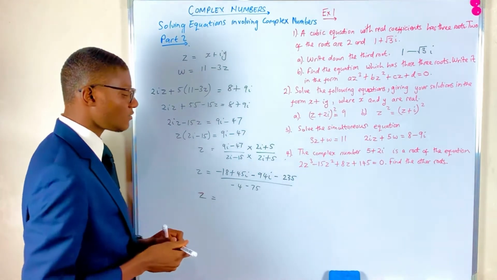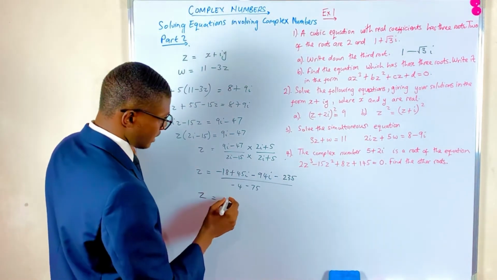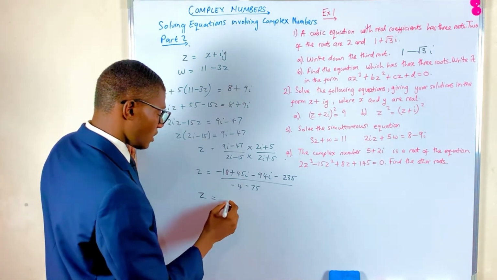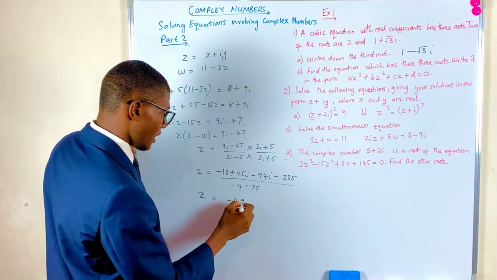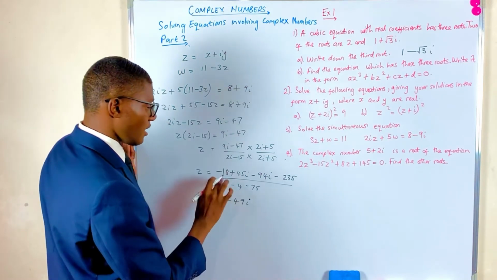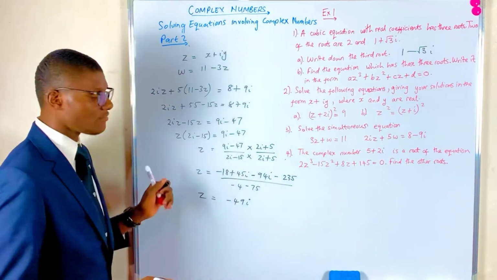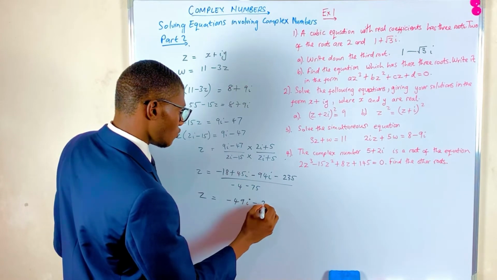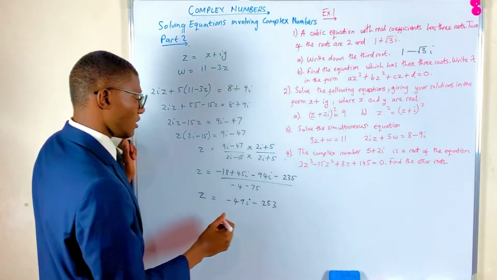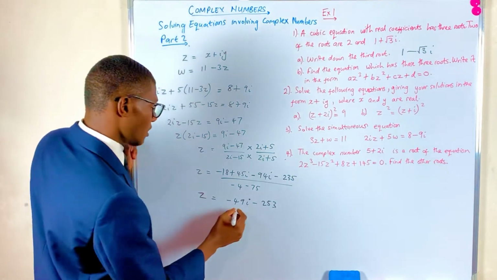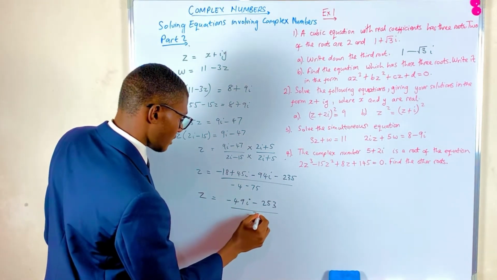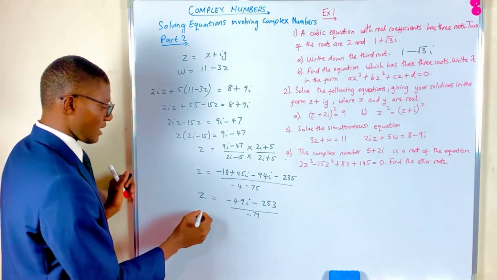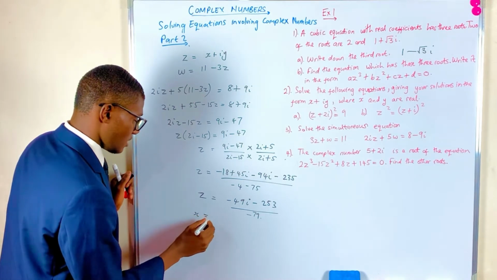45 minus 94, we get minus 49i, and then minus 18 minus 235, we get a minus 253. Like this is 253, and this over minus 79. Alright, so this is the solution for z, z being x plus iy.